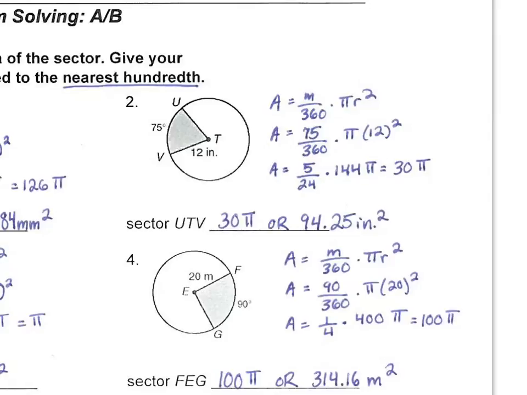They both have a common factor there of not only 5 but 3, so we can divide by 15. 12 squared in front there of the pi is 144 pi, and so once I've simplified 5 over 24, I can multiply that by 144 and I just get 30 pi. Using my pi key on my calculator, I'm going to have 94.25, and that's square inches.